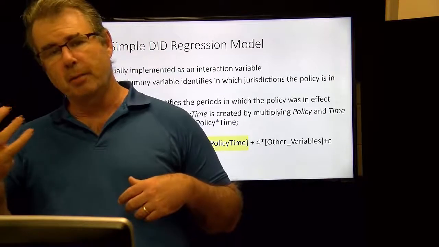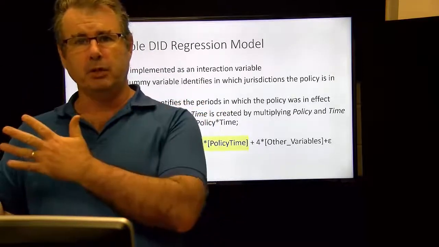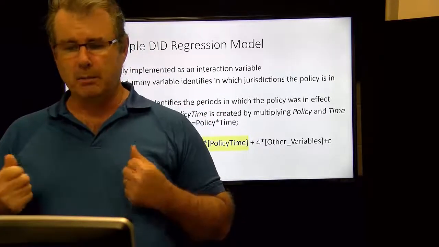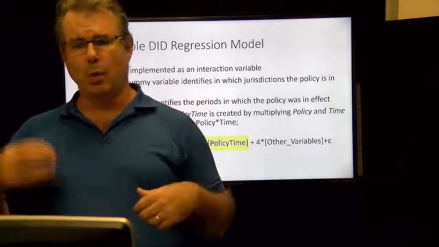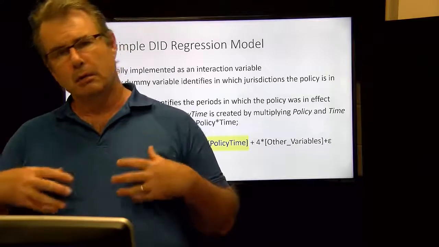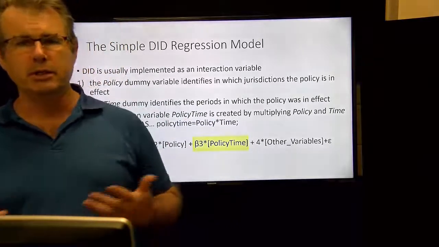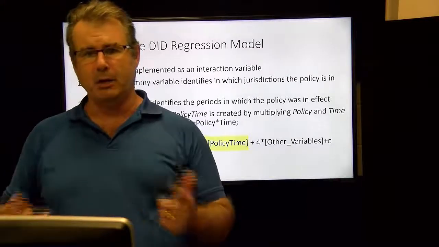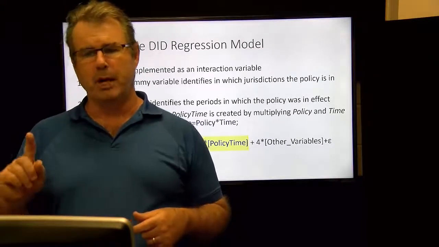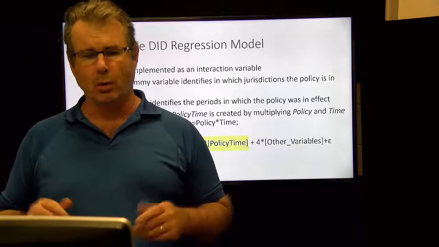If the policy dummy is 1 but the time dummy is 0, they multiply out to 0. The same is true in the opposite direction. If the time dummy is 1 and the policy dummy is 0, they would multiply out to 0. So the only situation in which you're going to get a 1 there for the policy time interaction term is when both the policy and the time dummies are 1.